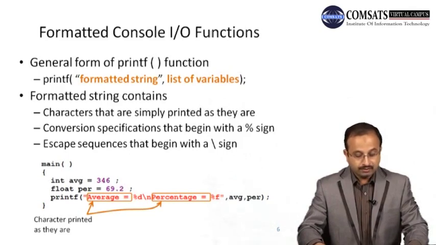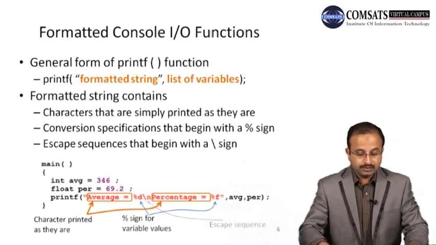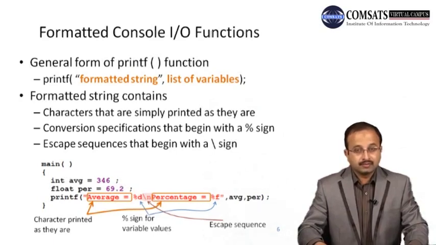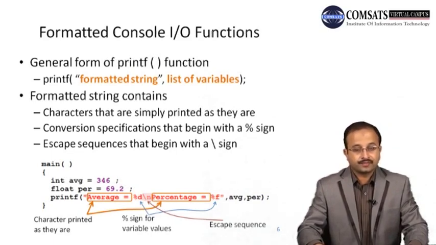So "average is equal to " and "percentage equal to " will be printed as it is. Then we have the % sign for variable values, so %d and %f are used, and then we have an escape sequence, \n. That is not printed as it is; in fact the cursor is brought into the new line, and there it prints the rest of the text.